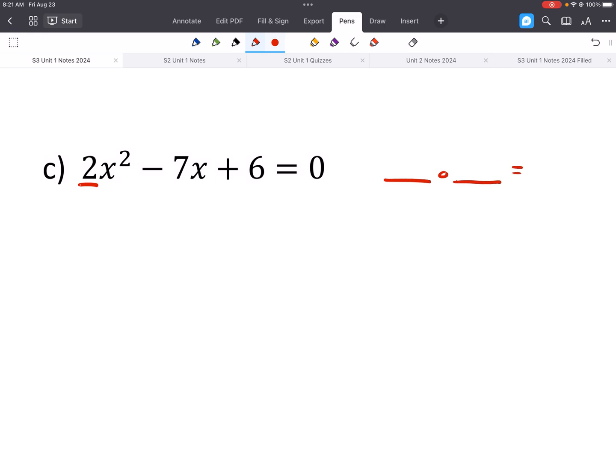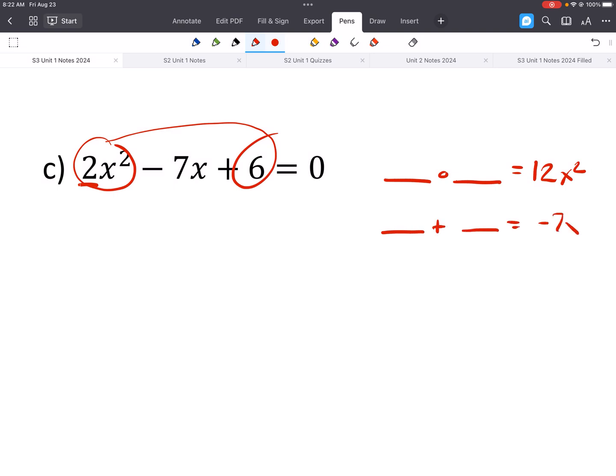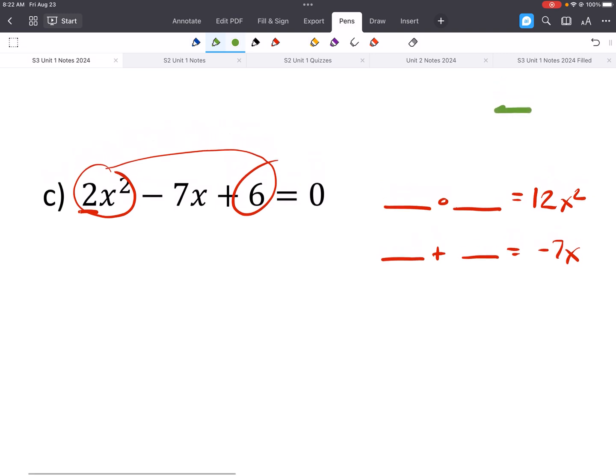What multiplies to 2x squared times 6, so 12x squared, and adds to the middle term? So let's think about that for a second. If we're stuck, we could always write down factor pairs. 1 and 12, 2 and 6, 3 and 4. It looks like we would need to do -3 and -4.